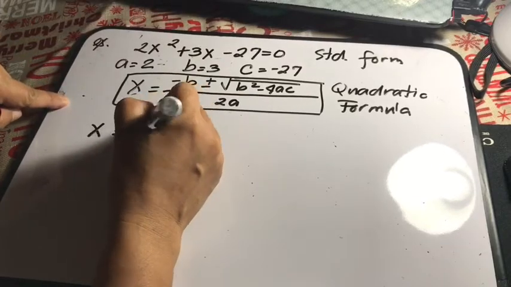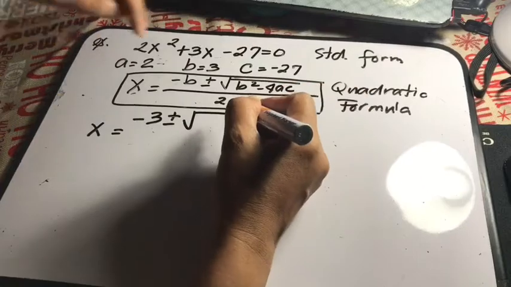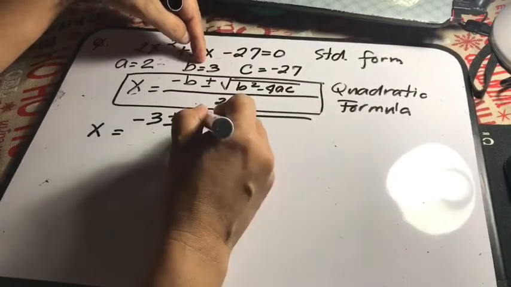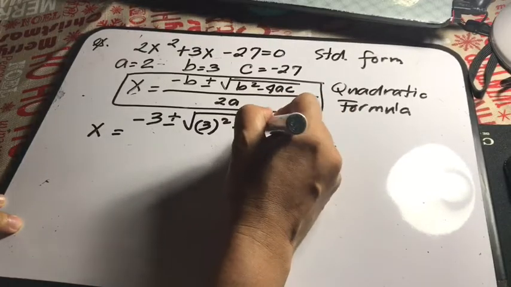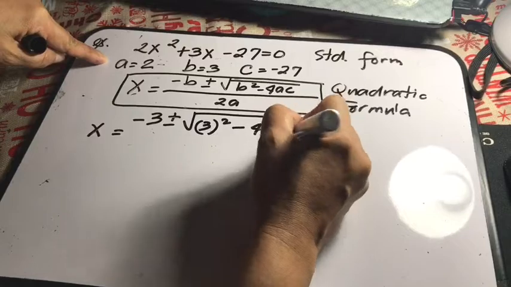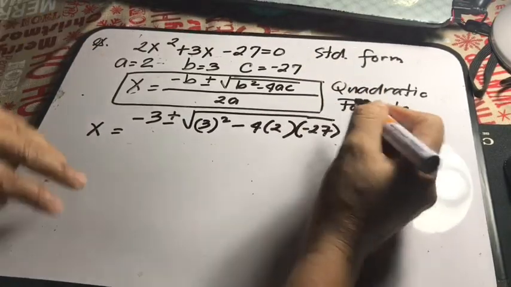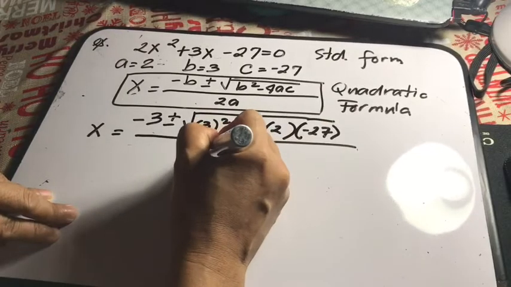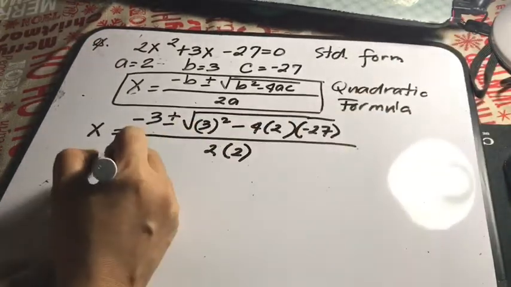We have 3, plus minus the square root of 3 quantity squared minus 4 times the value of a, which is 2, times the value of c, which is negative 27, all over 2 times a, which is 2. Then we will simplify.